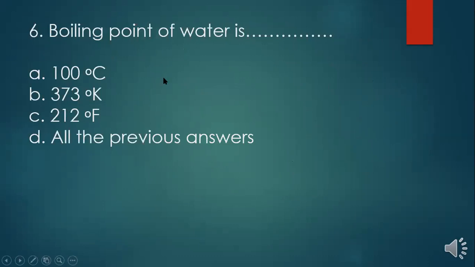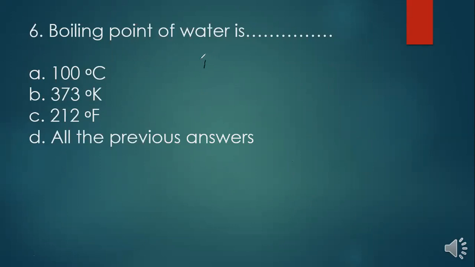Question 6, the boiling point of water is, right? Now, I think everyone knows that the boiling point of water should be 100 degrees Celsius. So the first thing you should check is A, right? But the problem here is it's not only A, right?